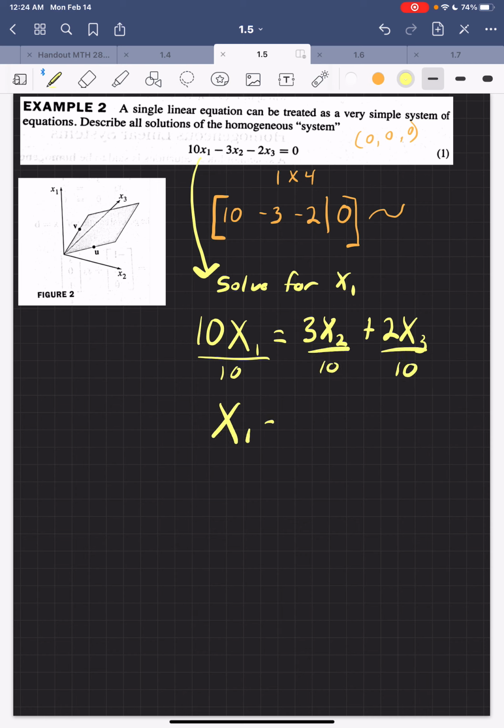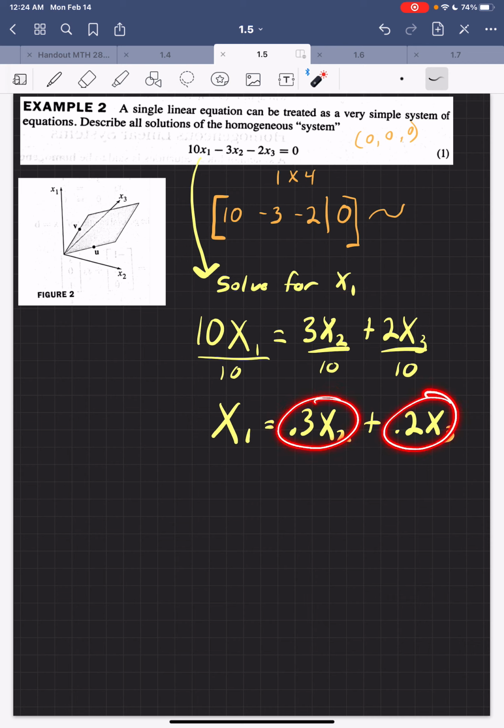So x sub 1 is equal to 3 tenths or 0.3 x sub 2 plus 2 tenths or 0.2 x sub 3. Okay. Do you see? One basic, 2 free variables.